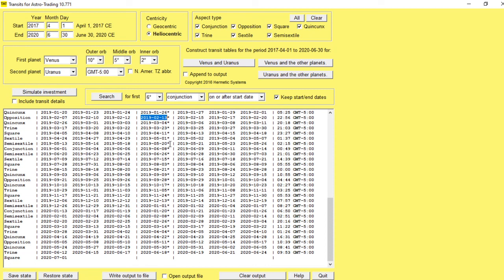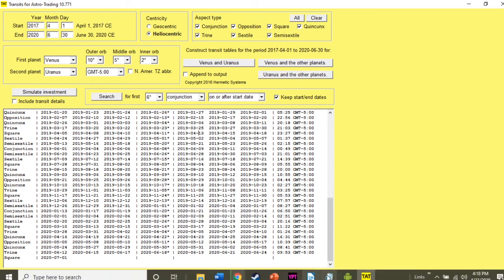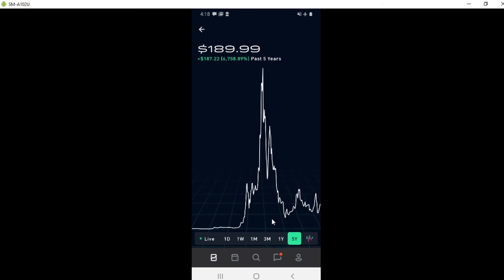Okay, 2019, 2/13. Okay, so I don't know how much this really factors in. I mean, that would have been a good time to have sold, but I don't know how much that's really going to make a difference.